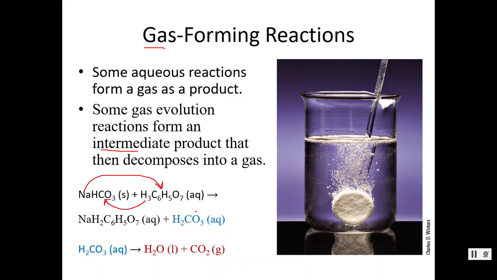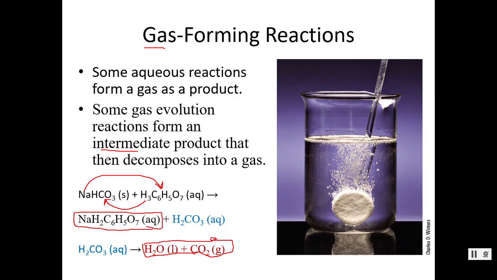Your product, carbonic acid, H2CO3, is an unstable intermediate which breaks down to give you liquid water and carbon dioxide. So the products of this particular gas evolution double displacement reaction are this sodium salt, liquid water, and carbon dioxide gas.